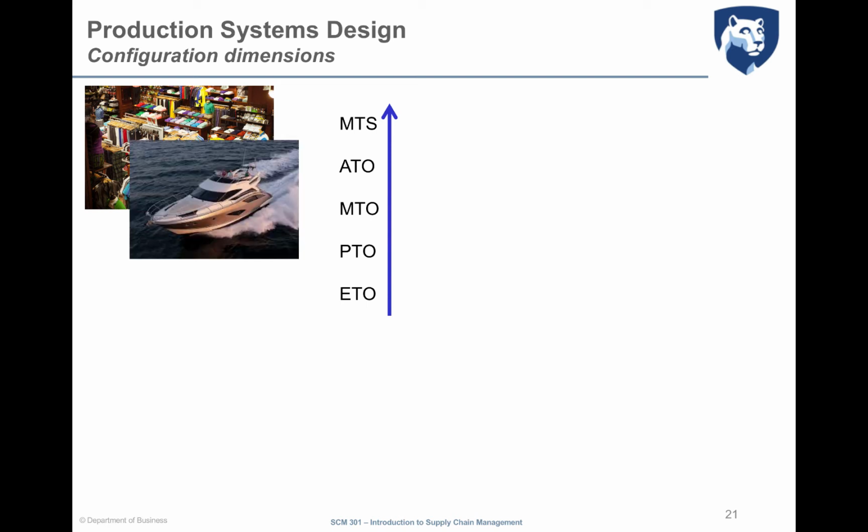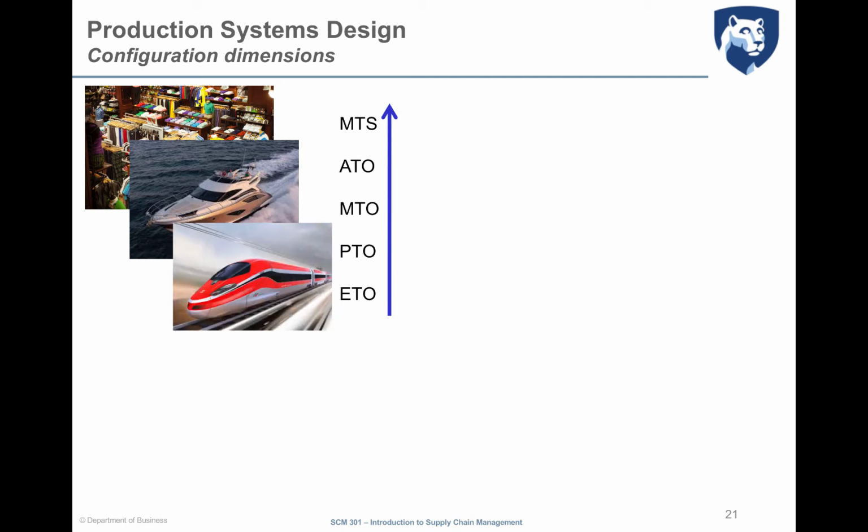Make to order or purchase to order, according to a different context, can be like the shipbuilding industry. Of course, purchase to order for bigger jobs, if instead it's just a personal boat, it can be just make to order. They already have materials in stock. While engineer to order are all the aerospace and defense or train industry.